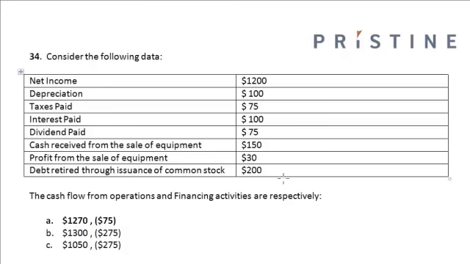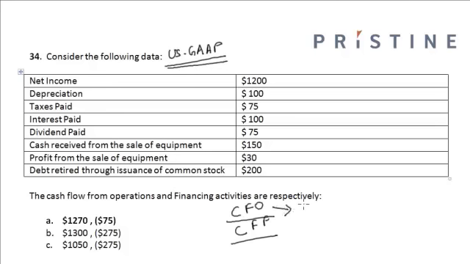So we have to find the CFO, the cash flow from operations, as well as cash flow from the financing activities under US GAAP. So the cash flow from operations under US GAAP, because the starting point of the data is net income, hence it will be an indirect method of cash flow calculation for the operating cash flow.